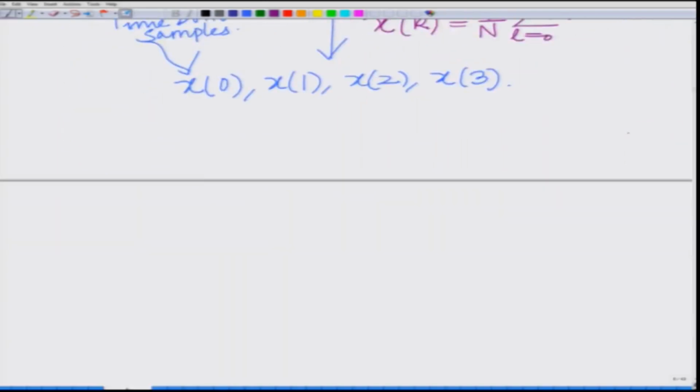Now once you generate the time domain samples, we add the cyclic prefix, that is where you have some symbols from the tail prefixed in the beginning, x3.